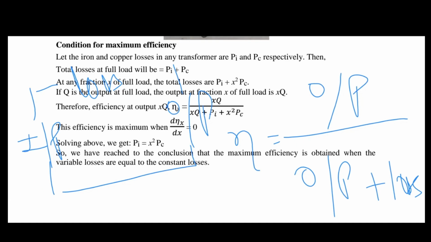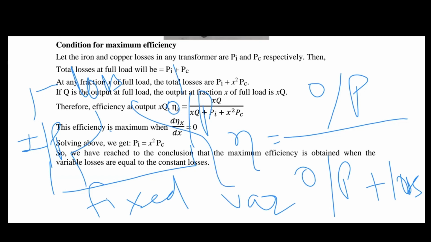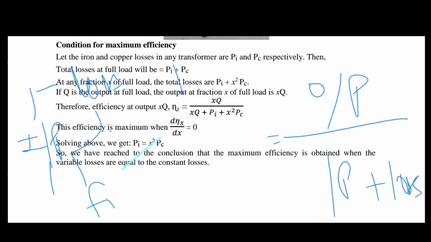Now in case of the transformer, here we are talking of the power loss. These losses can be divided in two parts. One is the fixed losses and the other is the variable losses. What is the difference between the fixed losses and variable losses?